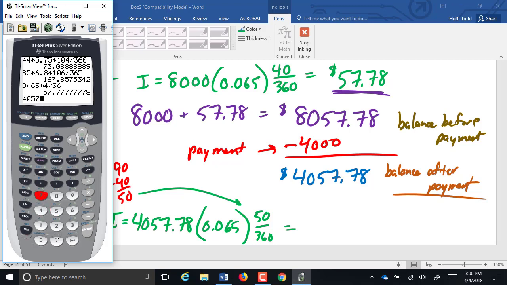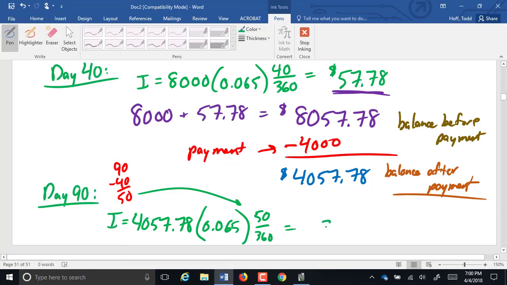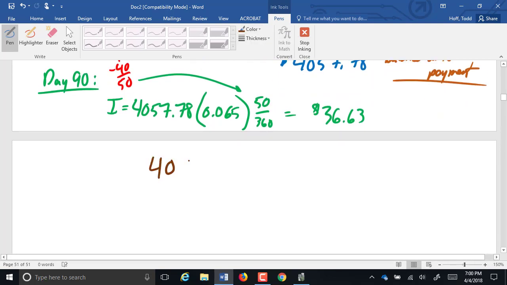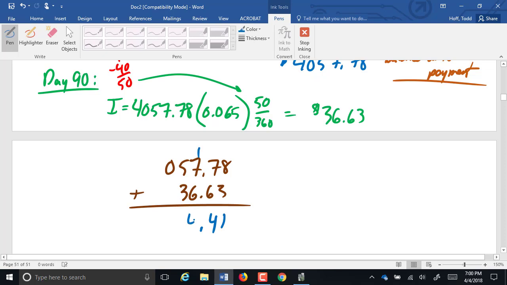So 4,057.78 times 0.065 times 50 over 360 is $36.63. So the balance due at the end is the 4,057.78 plus $36.63. $4,094.41 is what's due.